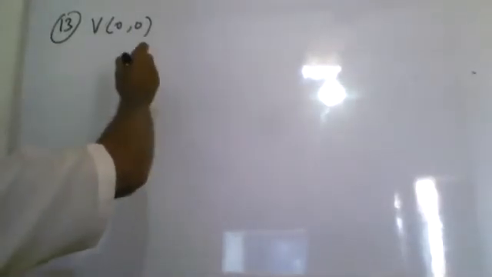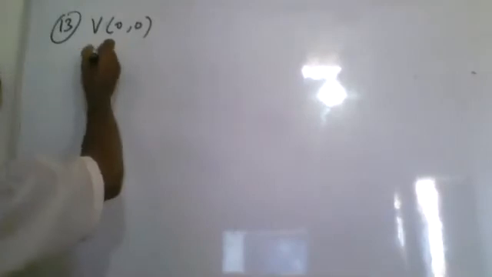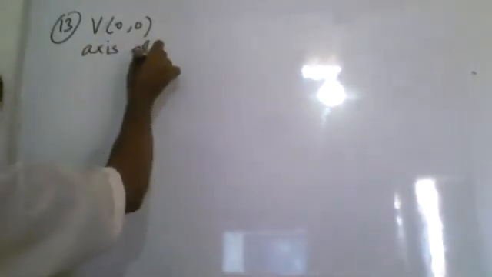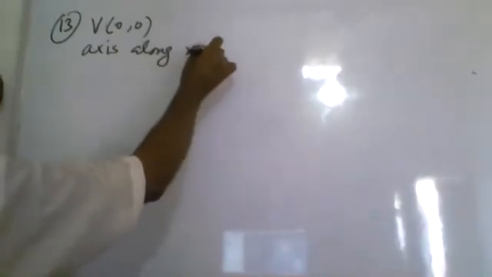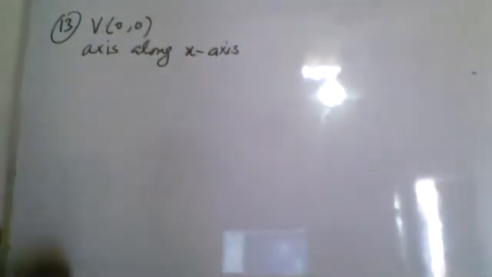Question number 13. Vertex at the origin. One thing is given. Axis along the x-axis, that means the transverse axis or the axis of symmetry.